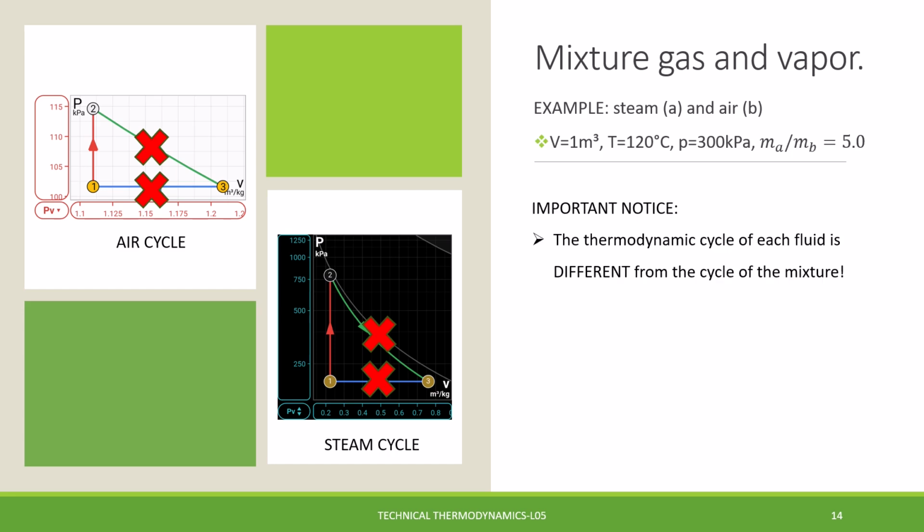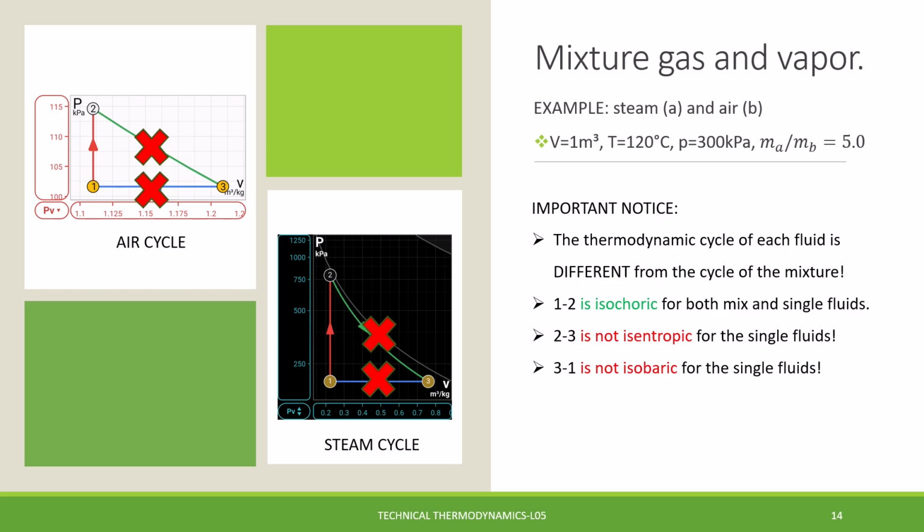Important notice: the thermodynamic cycle of each fluid is different from the cycle of the mixture. Even though the transformation 1,2 is isochoric for both the mixture and the single fluids, the transformation 2,3 is not isochoric for the single fluids, as well as the transformation 3,1 is not isobaric for the single fluids.